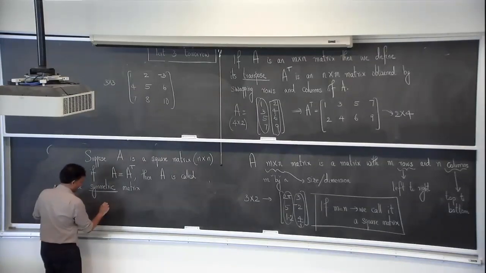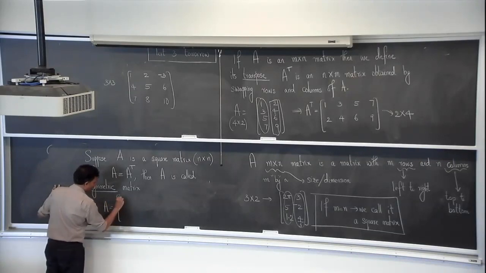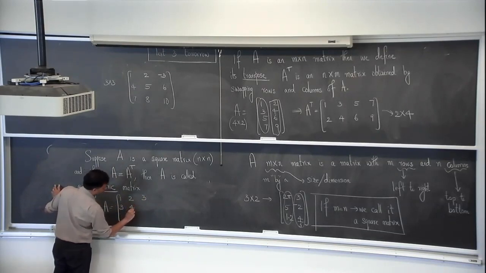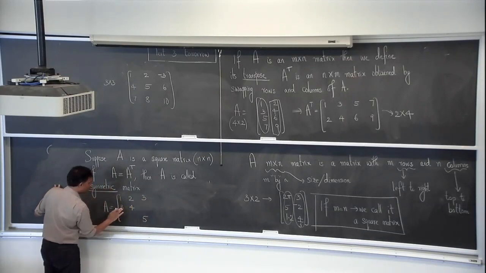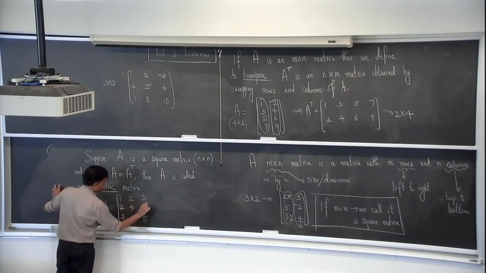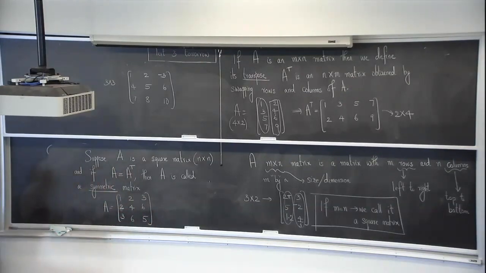So an example would be A equal to 1, 2, 3, 2, 4, 6, 3, 6, 5. It's always a challenge to bring up these examples.